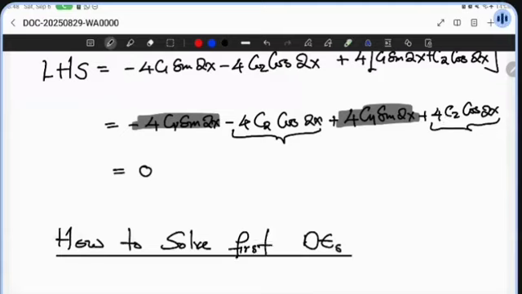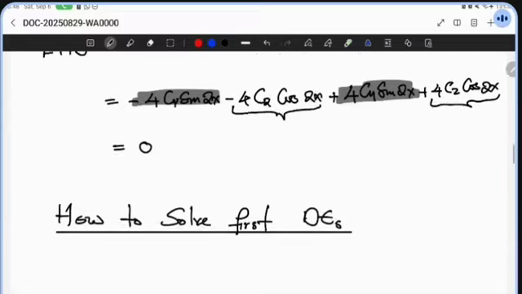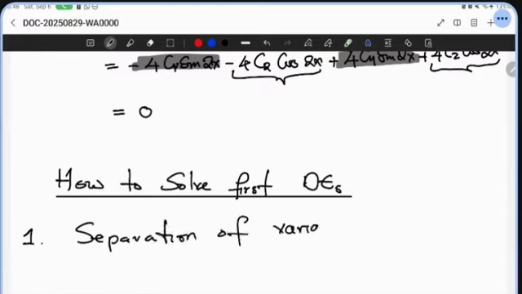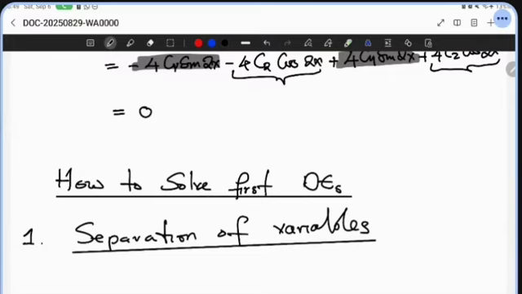There are several methods that you can use, but the first method that we need to understand, and this is the most basic method, is going to be separation of variables. So this is the most basic way of solving differential equations.